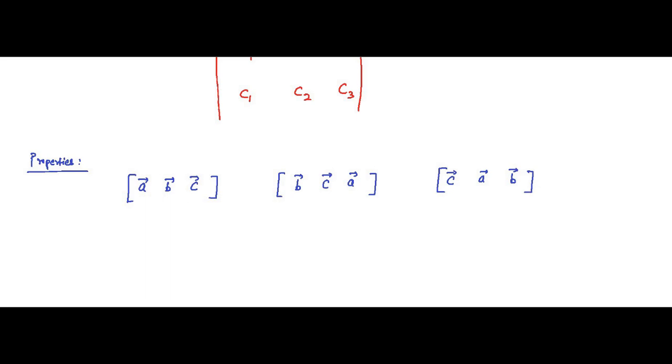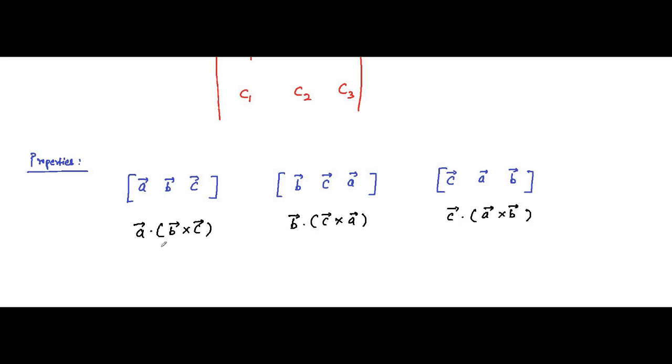This we can write the first way as A vector dot B vector cross C vector. This we can write as B vector dot C vector cross A vector. This we can write as C vector dot A vector cross B vector.